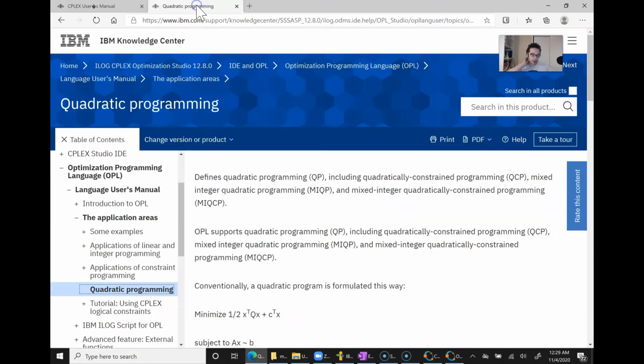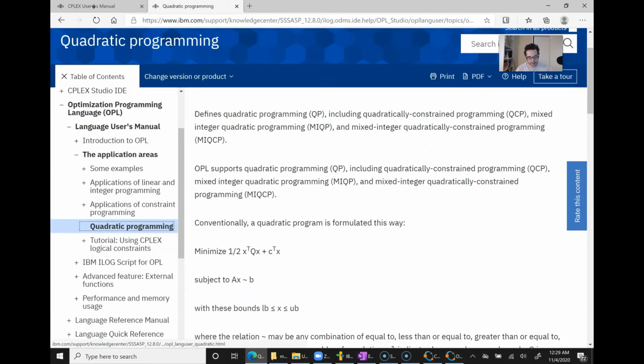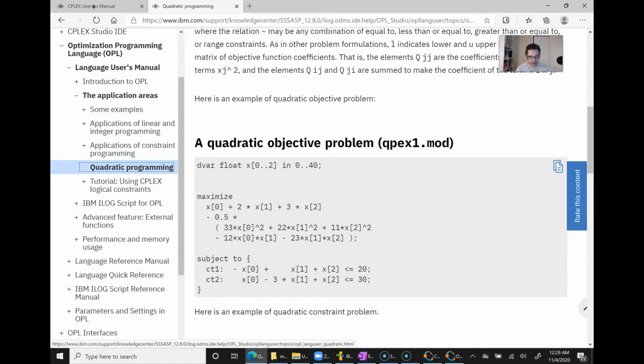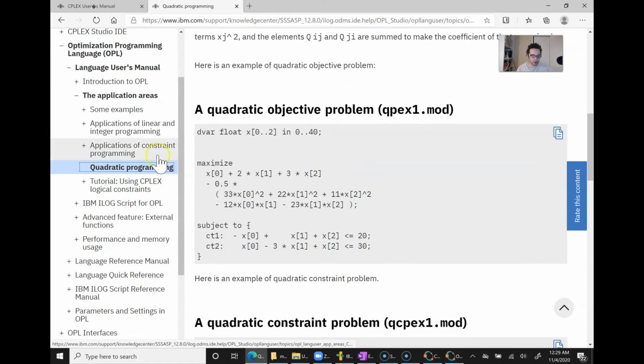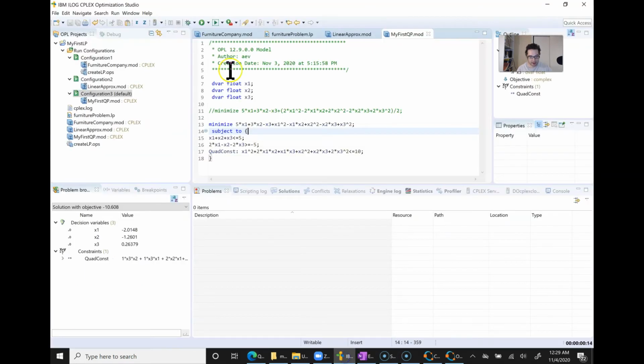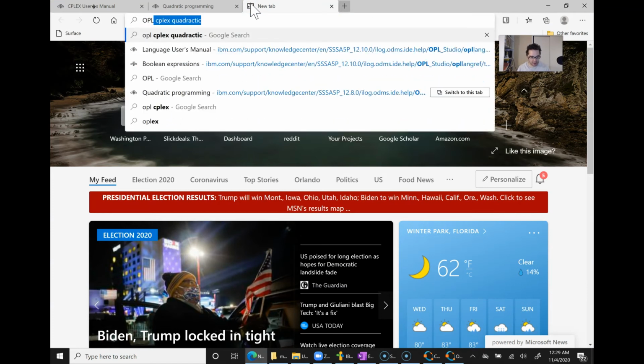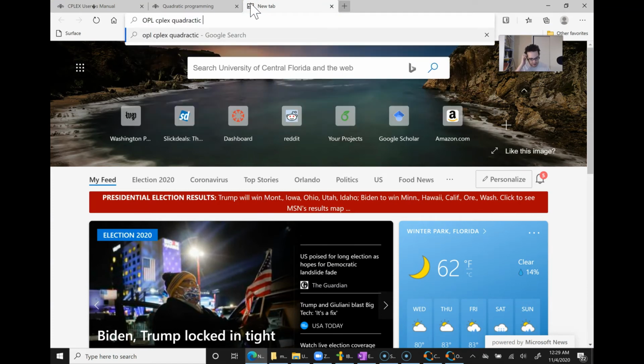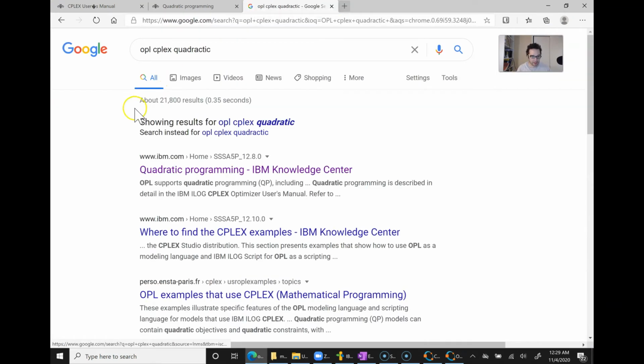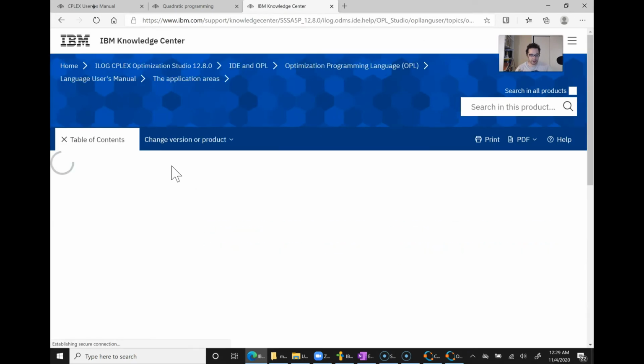But if you ever want help with the Optimization Studio, your best bet is to do a search in Google for what you're trying to do, and then OPL. So that is the optimization programming language that we use in Optimization Studio. Okay, so if you ever need help, just do OPL, Cplex Quadratic, and hopefully you'll find what you're needing.